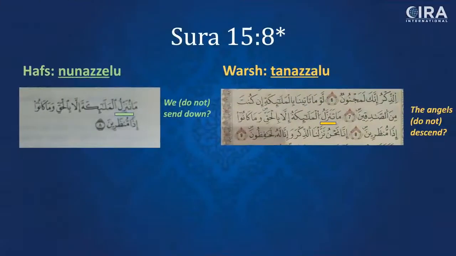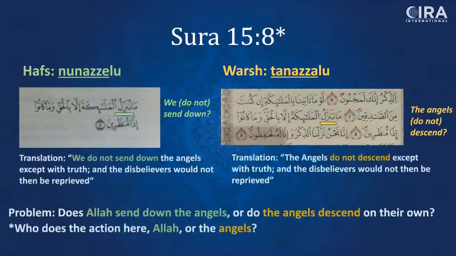Go to chapter 15, verse 8. You have Hafs on the left, and you have Warsh on the right. Once again, we see similar styles here. Hafs reads nunazzilu, and this is in action in terms of we send down angels. So the speaker is saying he's the one who has the authority to send down angels.